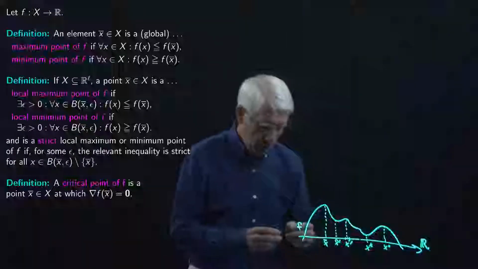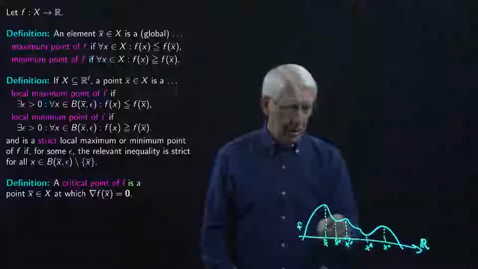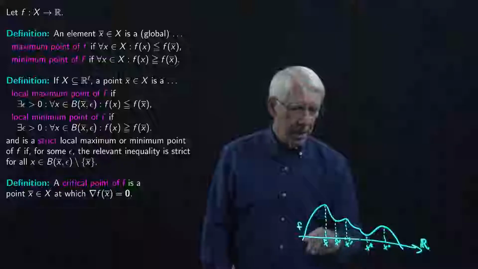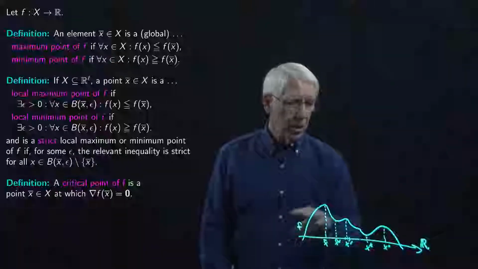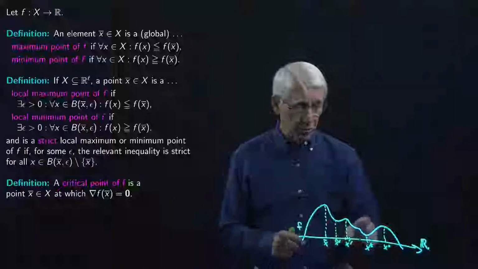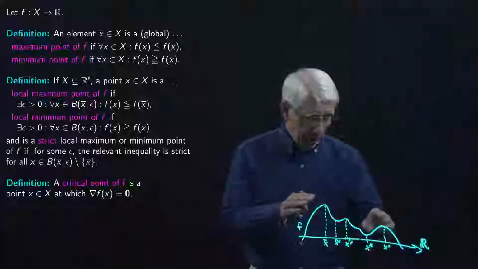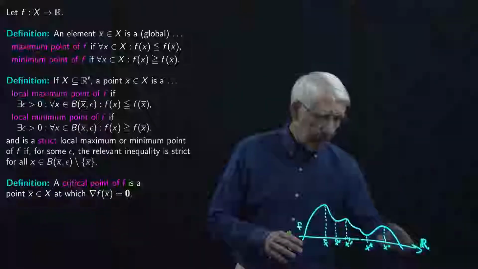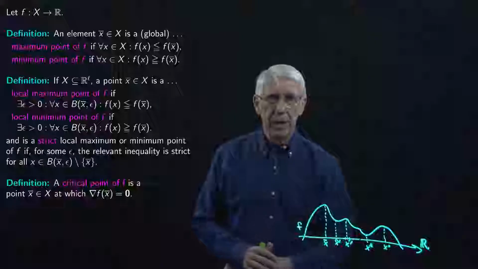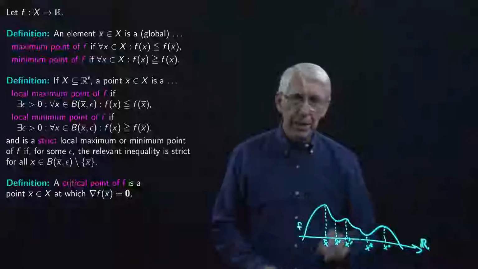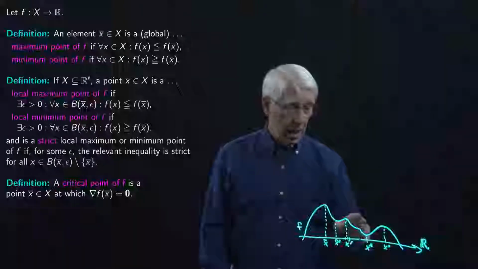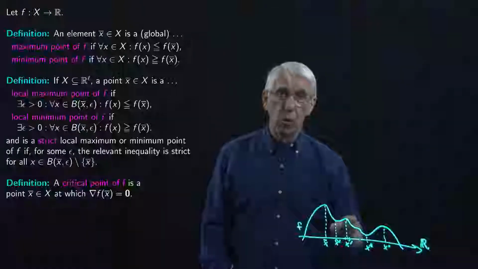I have 2 local minimum values, 2 local minima of f, here and here. Neither of them is a global minimum. And indeed, this is probably a useful point in the example too, if the graph continues forever in the negative direction here and here, then of course f does not have a global minimum.